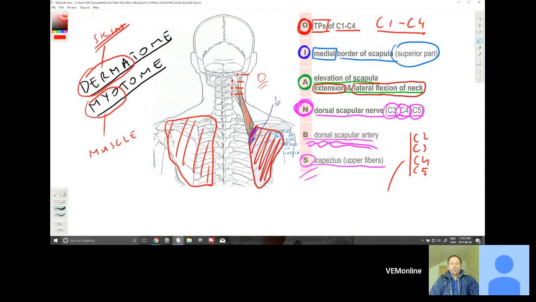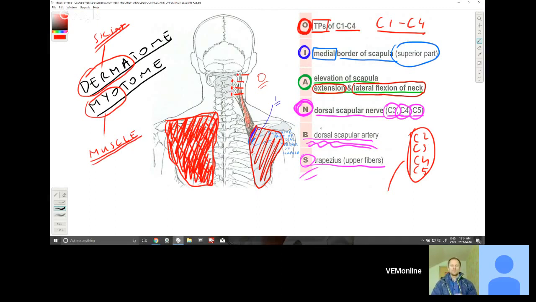This patch of the skin is innervated by these nerves, and this is called a dermatome. A myotome is basically the same thing, but we're talking not about the skin but about muscles.